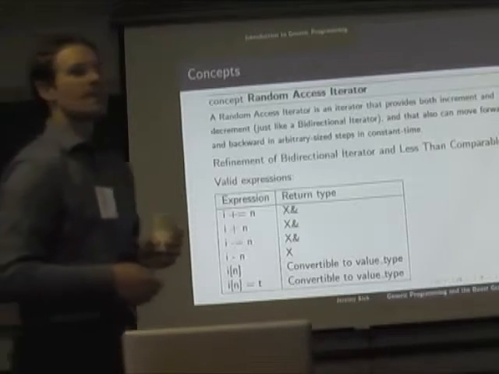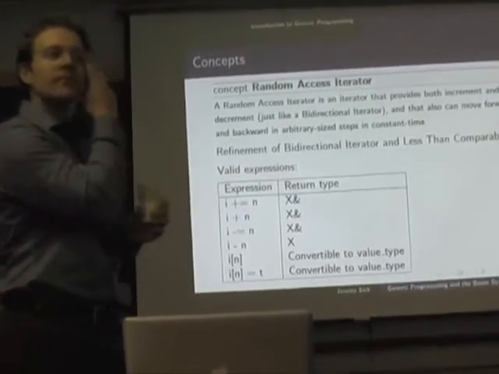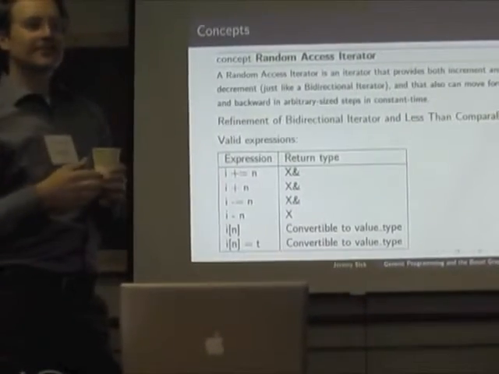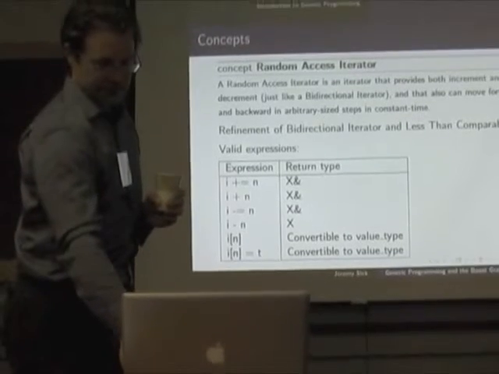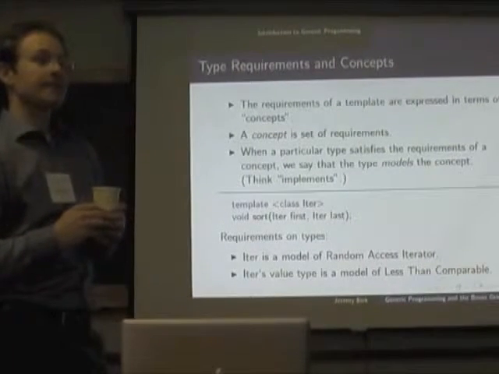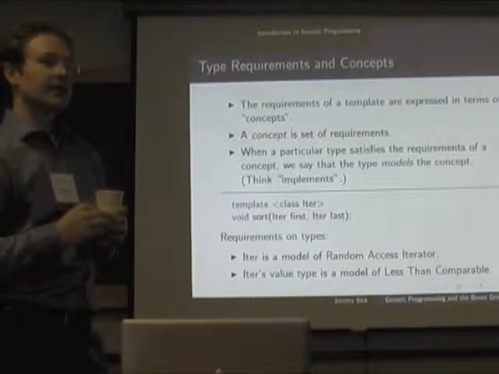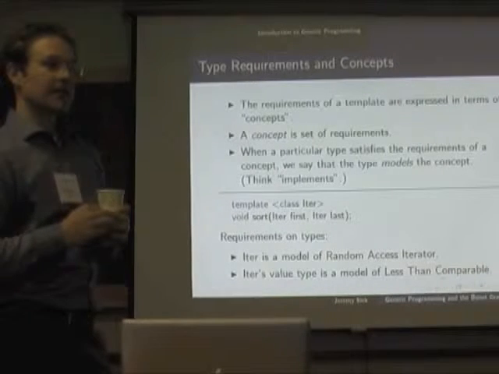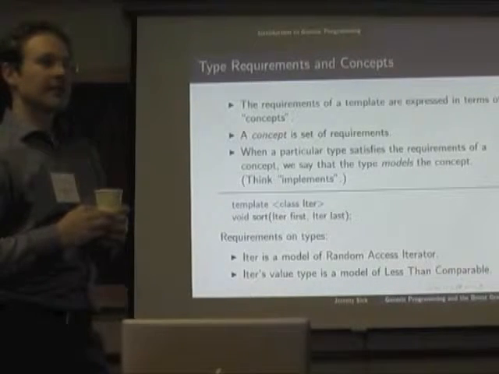On the previous slide you were saying sort requires two random access iterators. But from a programmer's point of view, sometimes you want to say, well, it's okay if I give you two bidirectional iterators because I know this list is short, right?